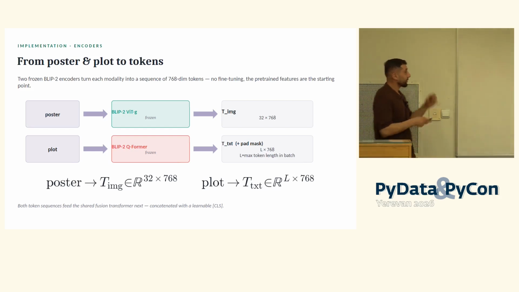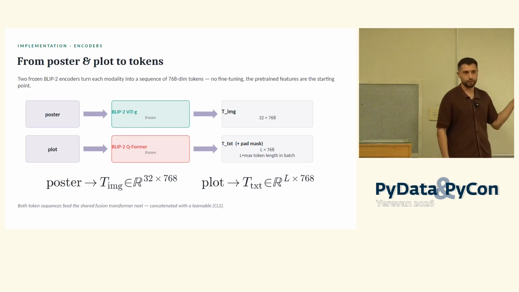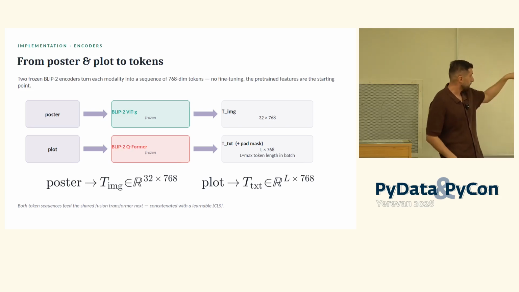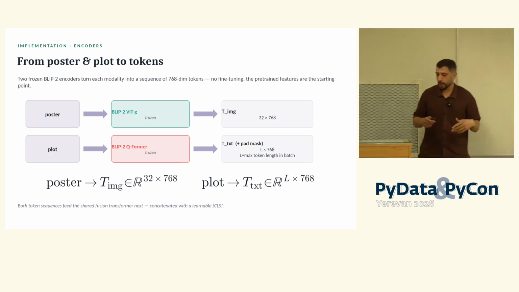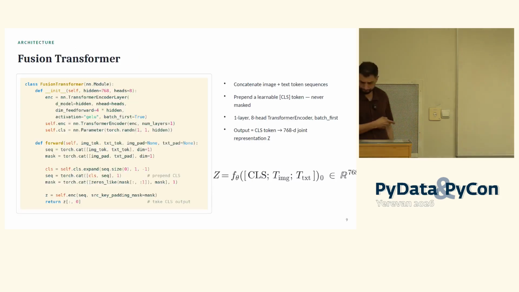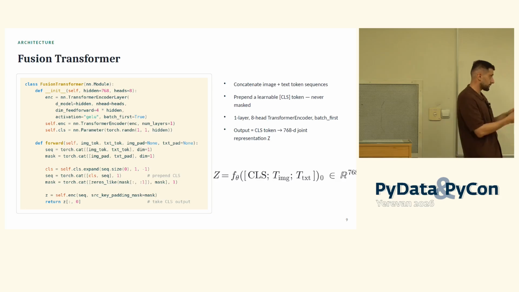Yeah, so enough. As I said, we still have our encoders, and we need to freeze those encoders. I use BLIP-2 Q-Former for text, and ViT-G for images. Those will be frozen during training. You don't have to understand all the code, but I just want to show that the implementation is much easier than the concepts. So we just have one transformer block with a learnable CLS token, which we prepend after the concatenation, with 8 heads.